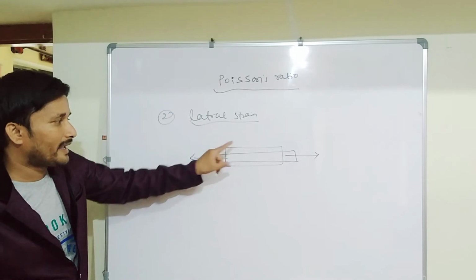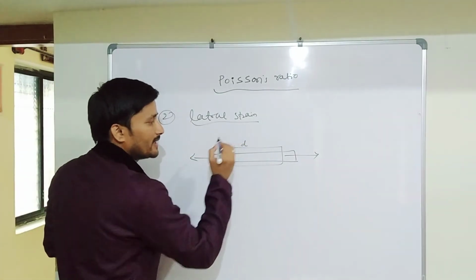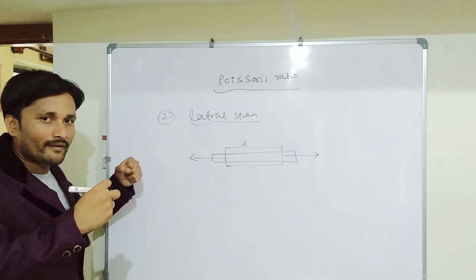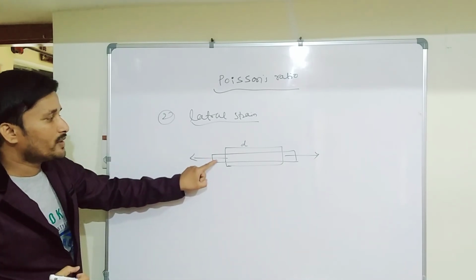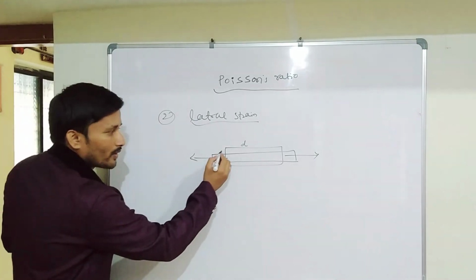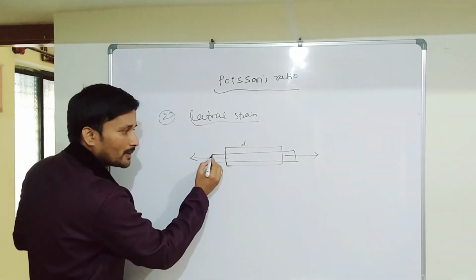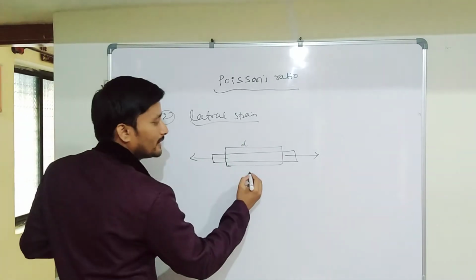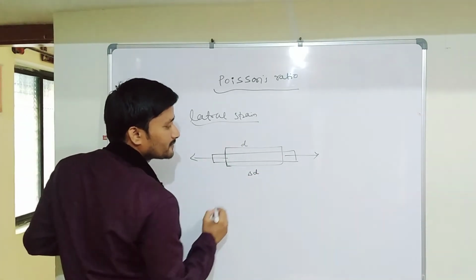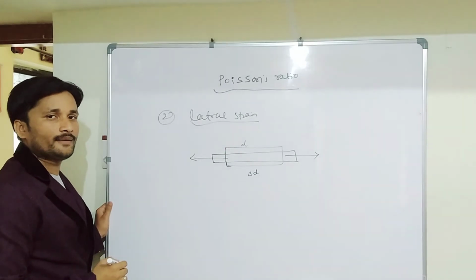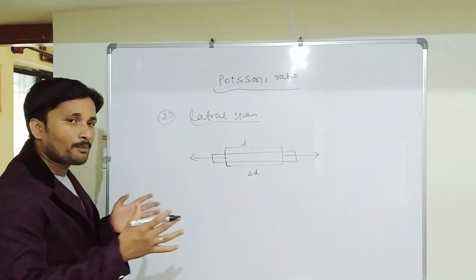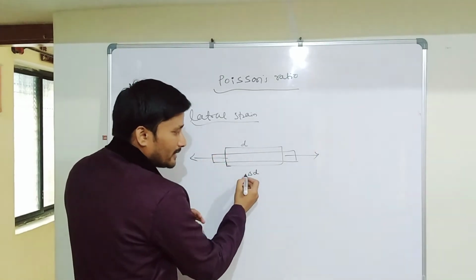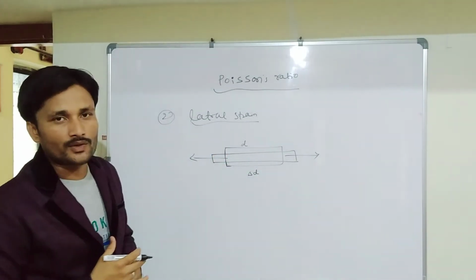The original diameter, I'm going to call it D. When you apply the pulling force to a wire, its diameter is going to change. See, this is the original diameter. Now when you apply the force, the diameter is going to decrease. That change I call delta D. Clear? Or else if you apply a pushing force, what happens here? When you push this one, the diameter will change. It will come in positive sign.